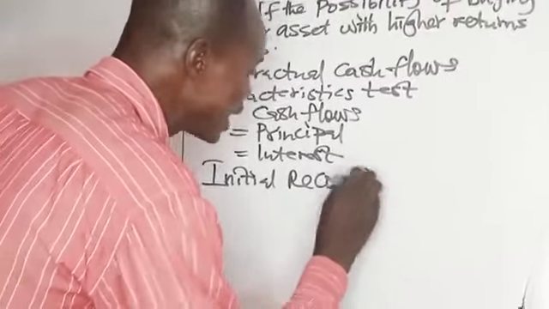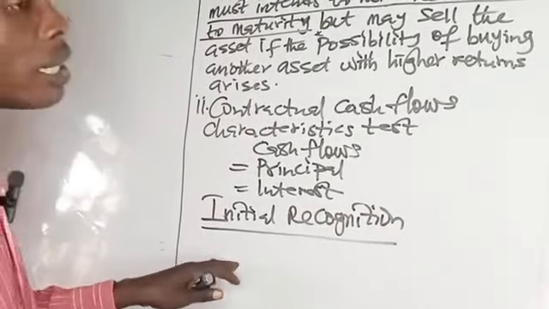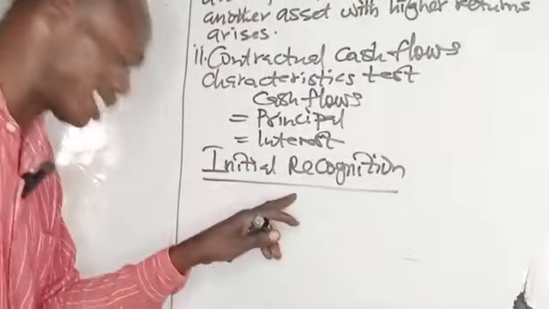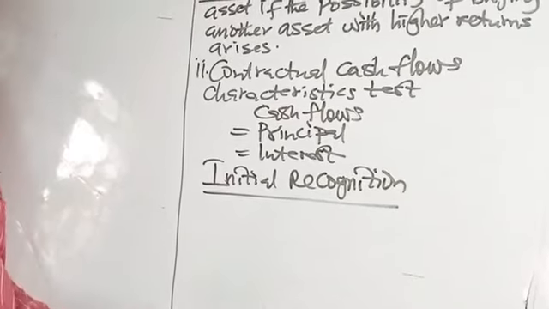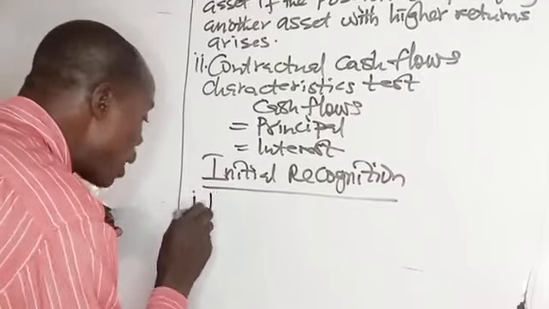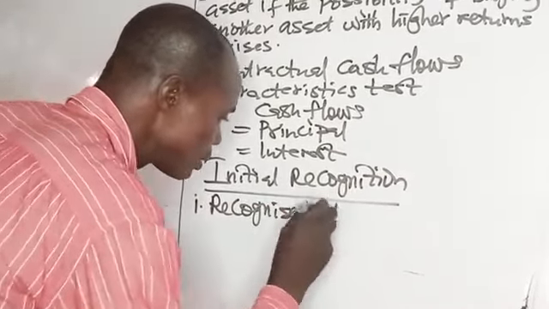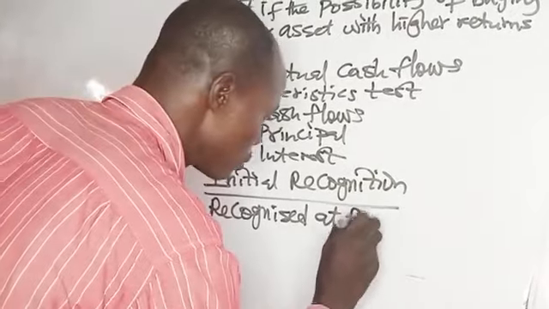Initial recognition. I've told you by initial recognition, we mean how to recognize the financial asset for the first time. To recognize financial assets for the first time, it should be recognized at fair value.